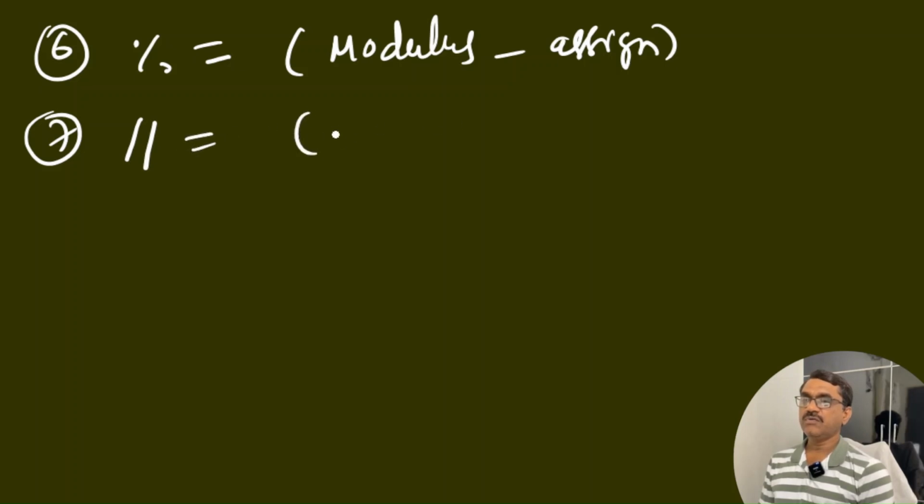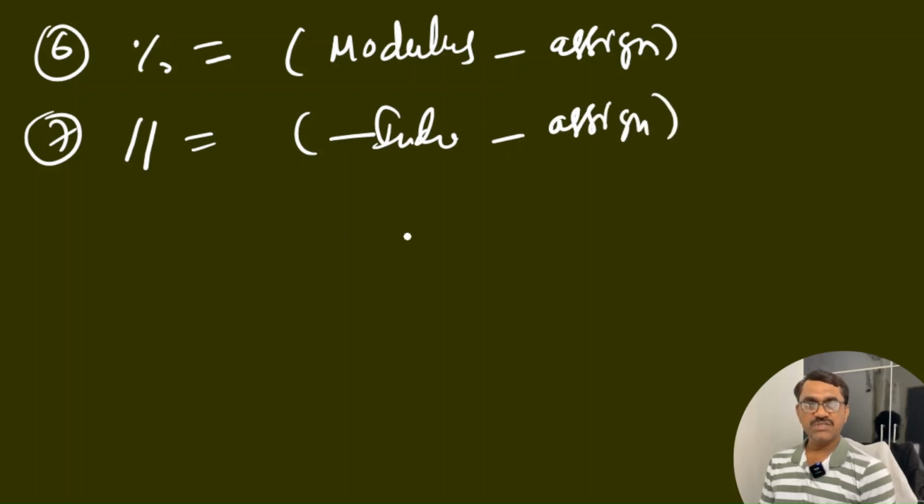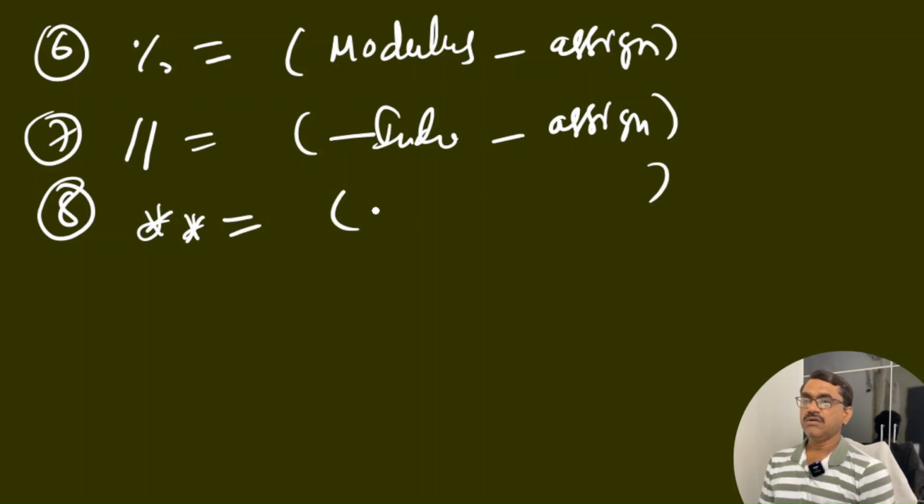It is going to perform the integer division. After that, the result will be assigned. And the eighth one, we are going to perform this exponent operation is equals to. Here, we are performing exponent operation. After that, the result will be assigned.